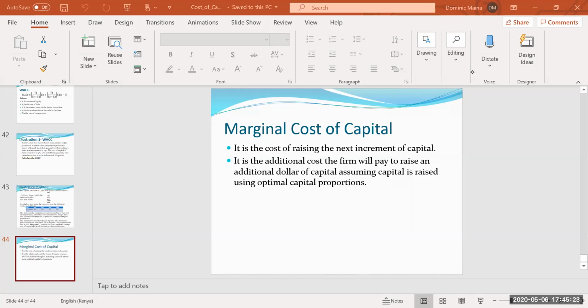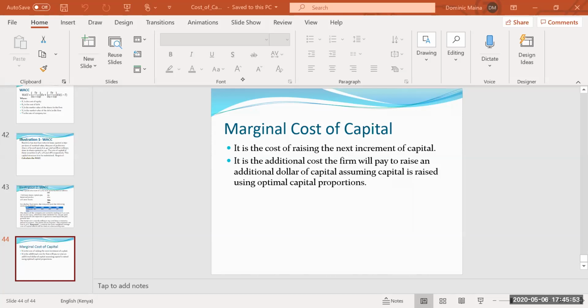So in case the company was to go to the market and ask the different providers of capital, debt holders, equity shareholders, bank loans, all the people who are willing to provide the company with money today, for every dollar they're going to give to the company, what is its associated cost? That simply is what we refer to as the marginal cost of capital.